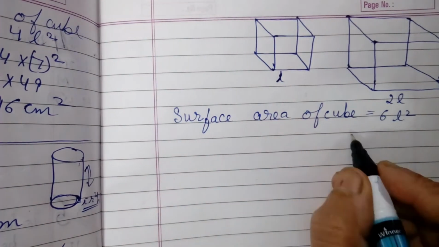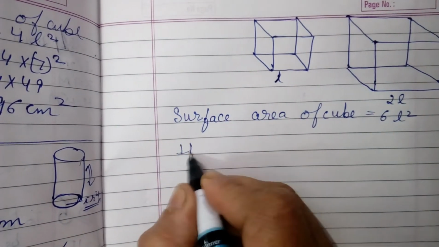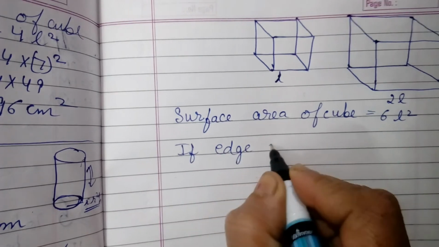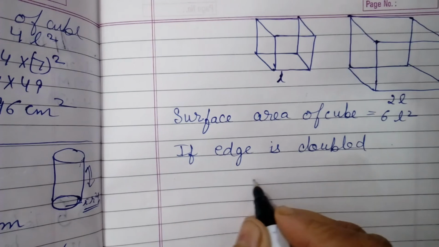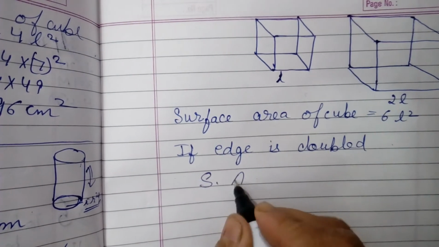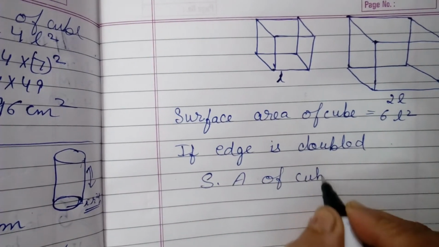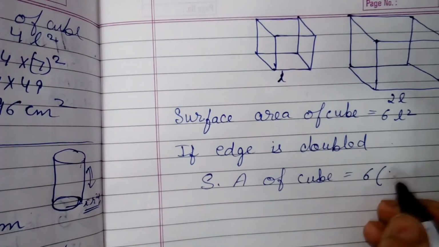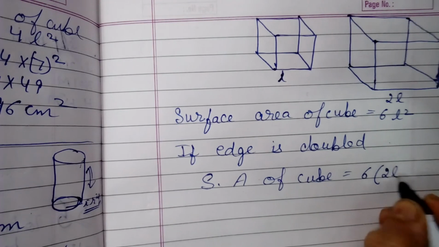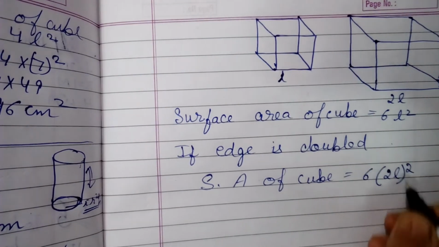Now when the edge is doubled, the surface area of the cube is equal to 6, in place of L, now it is 2L, so place here 2L square.